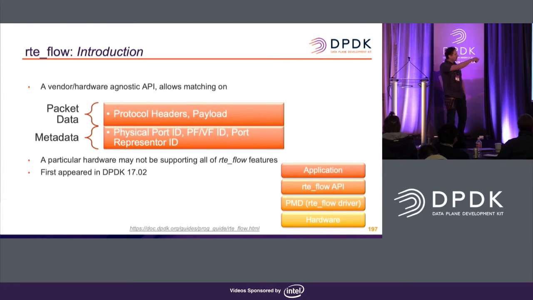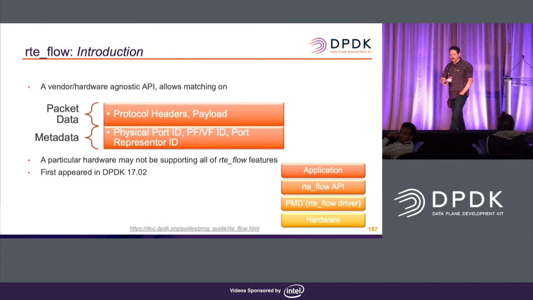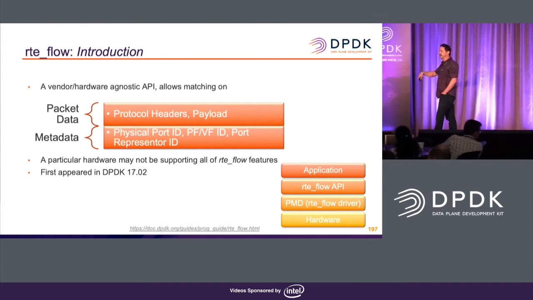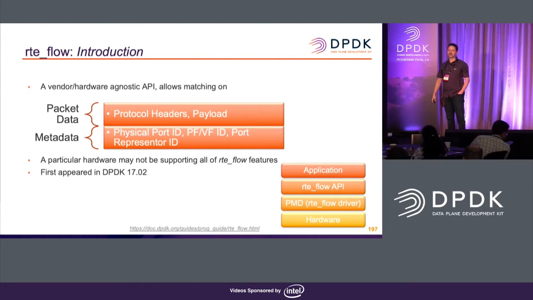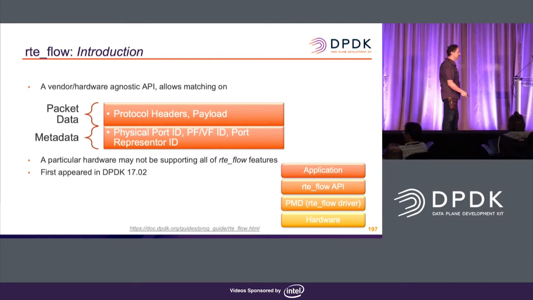The general lay of the land for an application using it is as follows. The application would come in and use the RT flow API to put some rules into the hardware, without really caring about what exact hardware it is, in theory. And then the PMD implemented for that hardware would go in and convert those API calls into a form and shape that piece of hardware can understand.